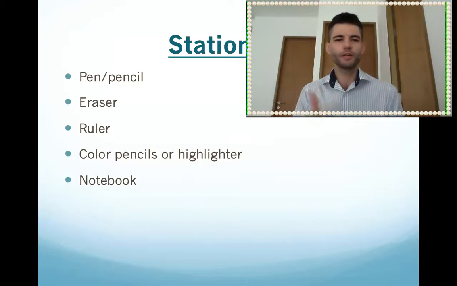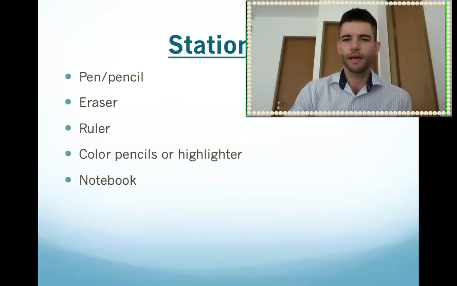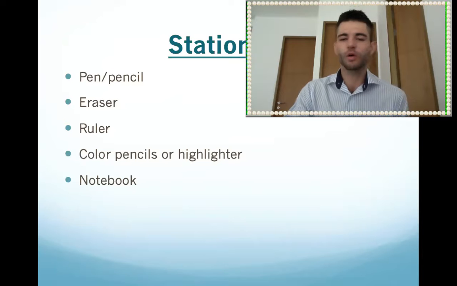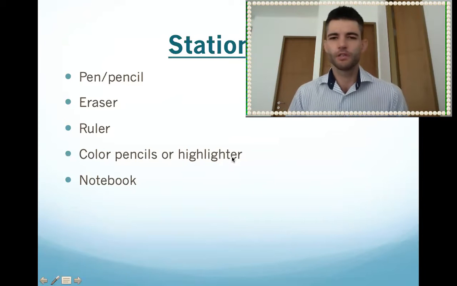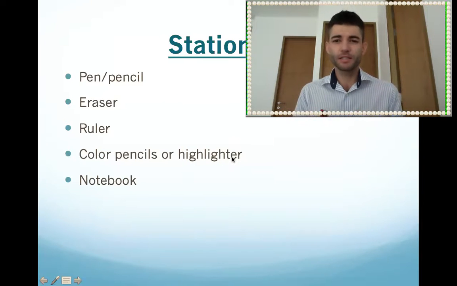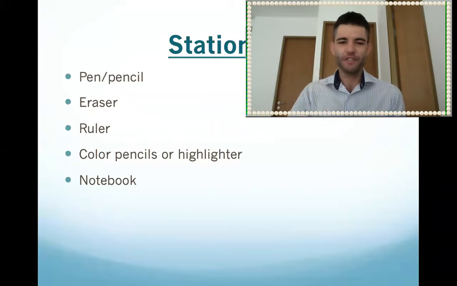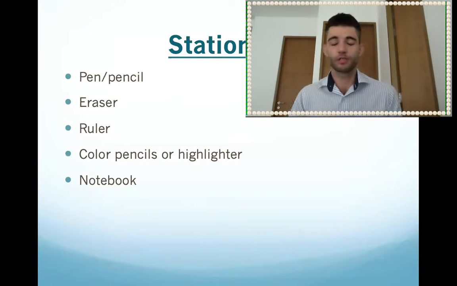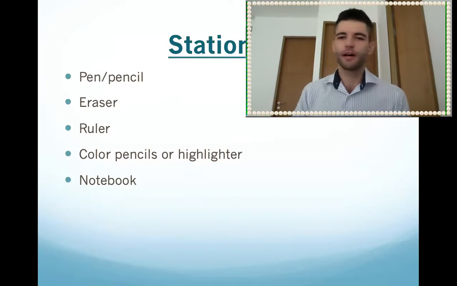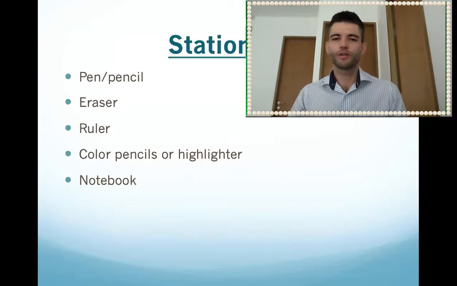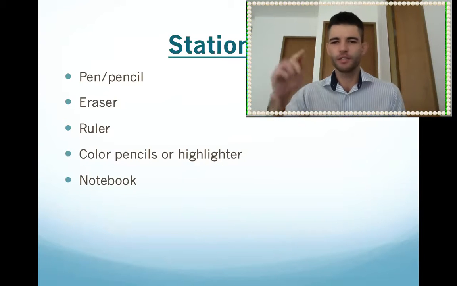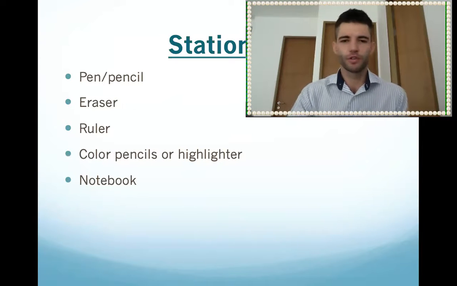So pen or pencil, eraser, ruler, and color pencils or highlighters. So it's not a must that you have to use color pencils or highlighters, but I think it does make your notes just more fresh and also easier to read the different things. But that is up to you because it's your notebook.